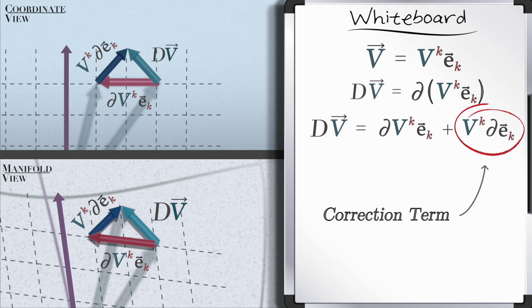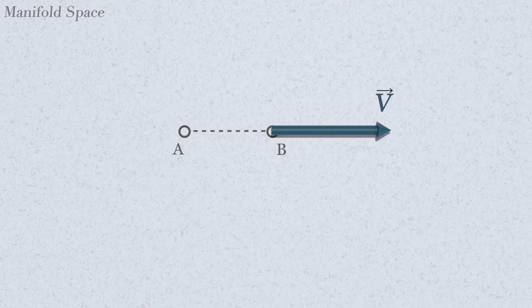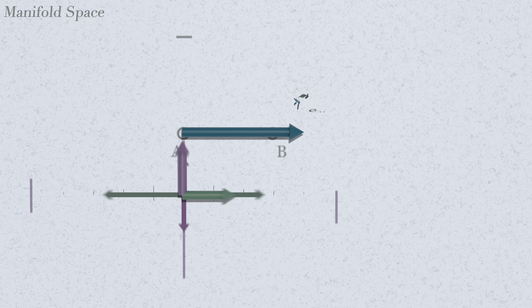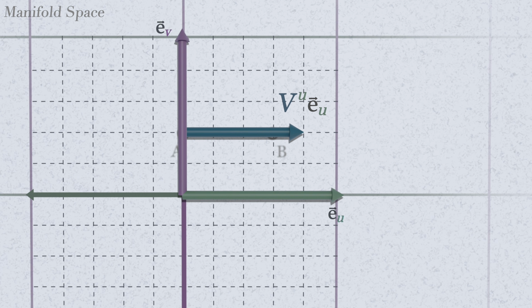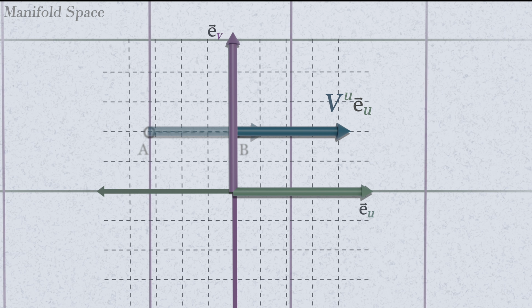As a simplified example, let's consider the case where we have a vector that undergoes no change on the manifold when displaced, and that we are working with basis vectors that are essentially Euclidean, with the exception that, when displaced along this respective direction, the u basis vector shrinks.